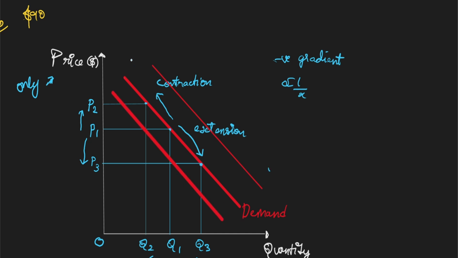If it moves to the right like this, that's an increase in demand, not an increase in quantity demanded, but an increase in demand itself. An increase in quantity demanded would be an extension, the movement along the line. An increase in demand would be a movement off the line to the right.